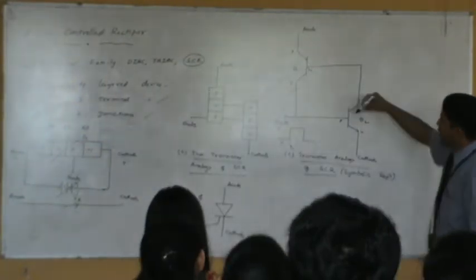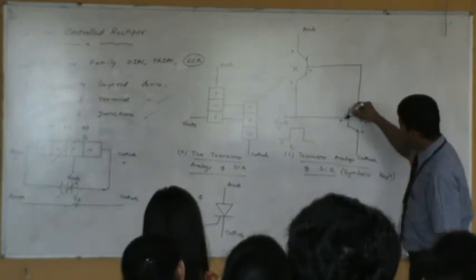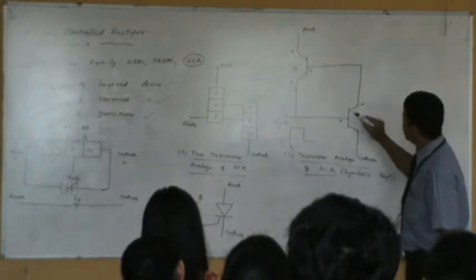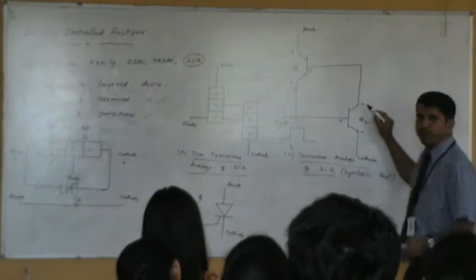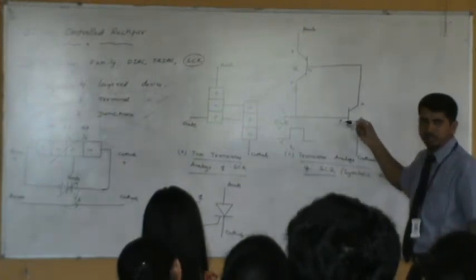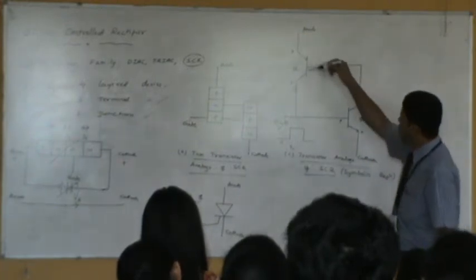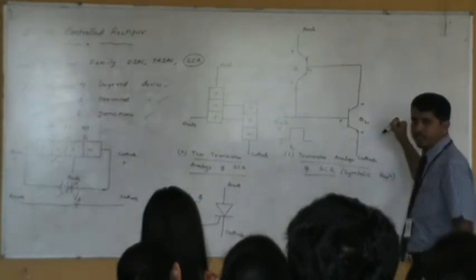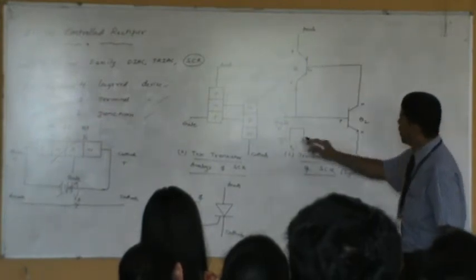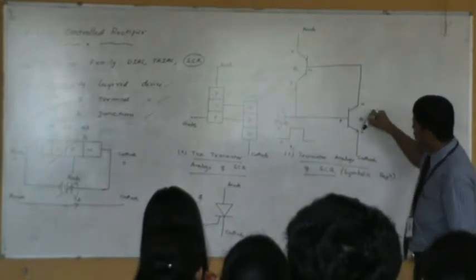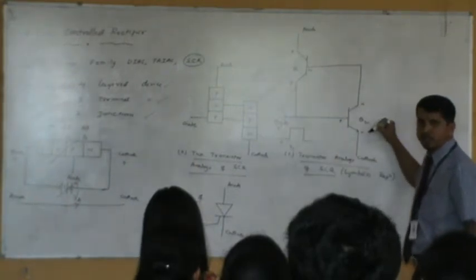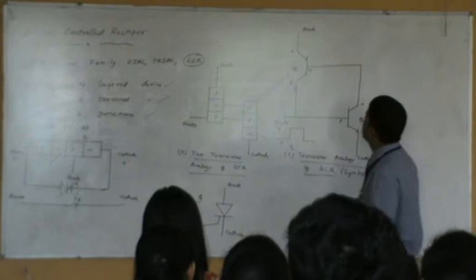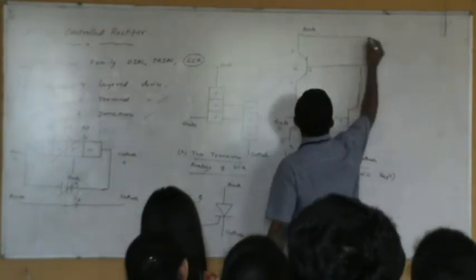Look at this. There is a P and N junction here, and there is a P and N junction here. Okay, we can interpret this transistor like a diode again, and then again the SCR can be interpreted as a transistor. So here let us see that when gate voltage is 0, this PN junction is not forward biased. Right? And let me write the voltage here.